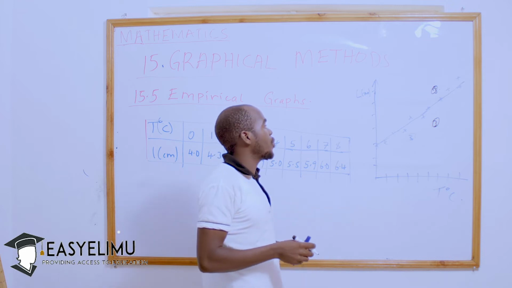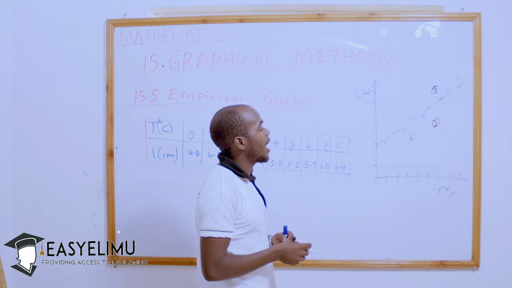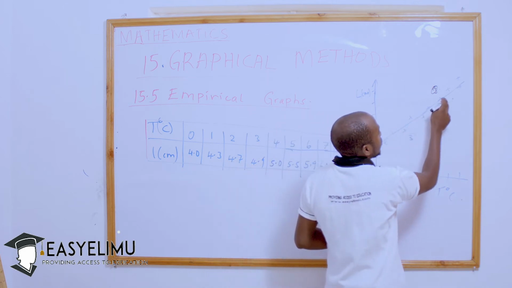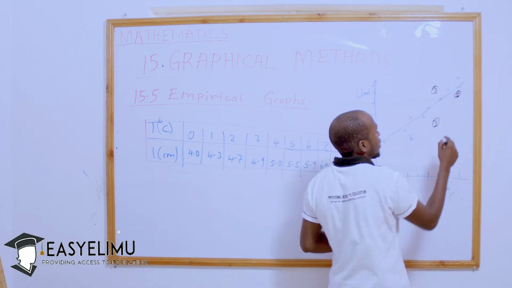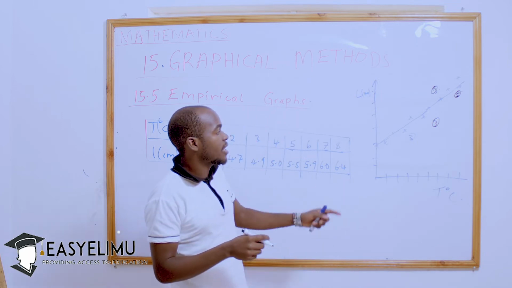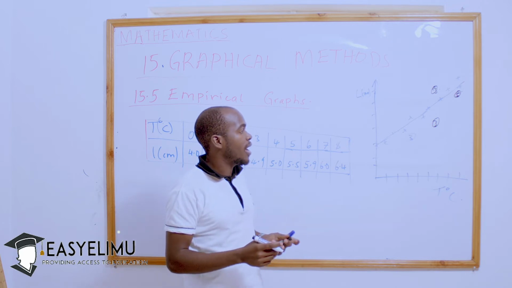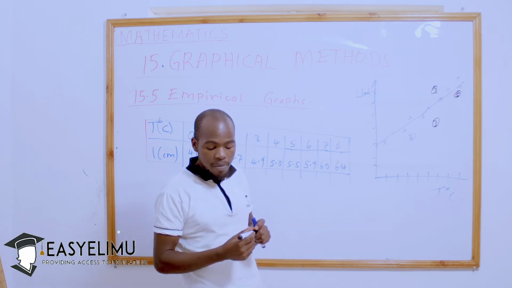So in that case, we have managed to make a line of best fit, since it is covering 5 points, that is most of the points, and 3 points are outside on either side of the line. So that is the line of best fit.